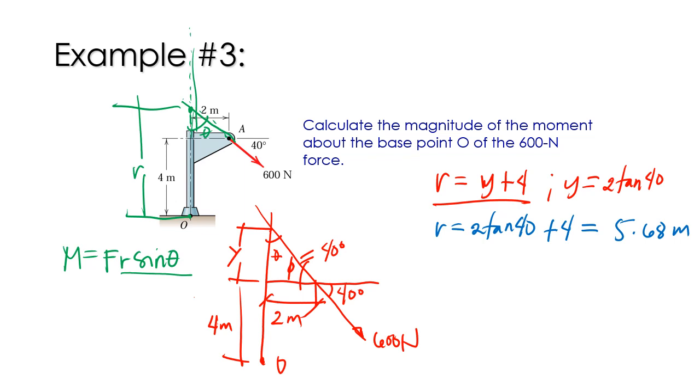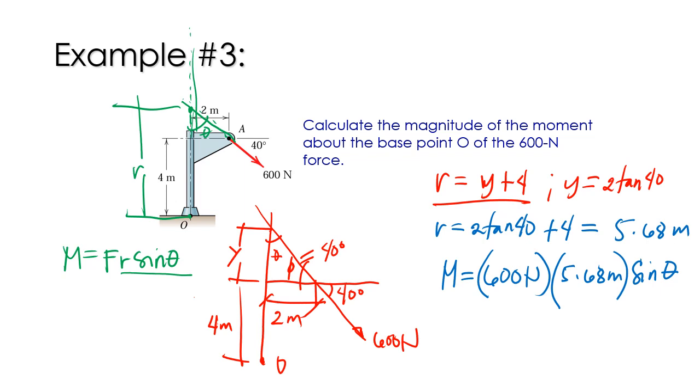Substituting the value of r in the equation, we have the moment M is equal to the force F, which is 600 Newton, times our r, which is 5.68 meter, times sine of theta.